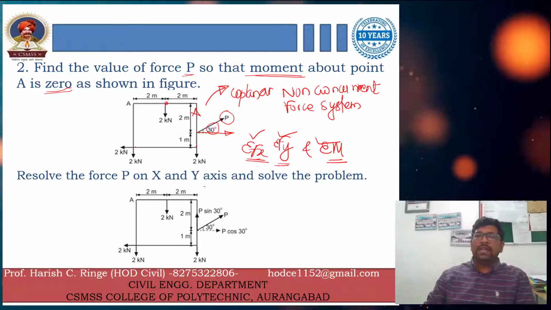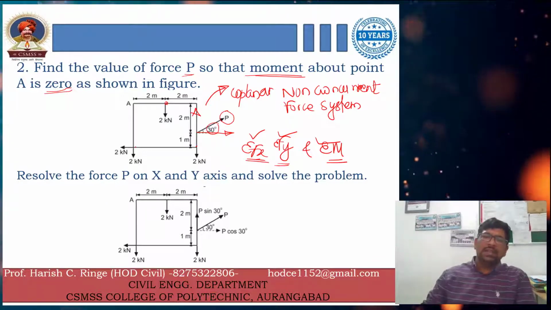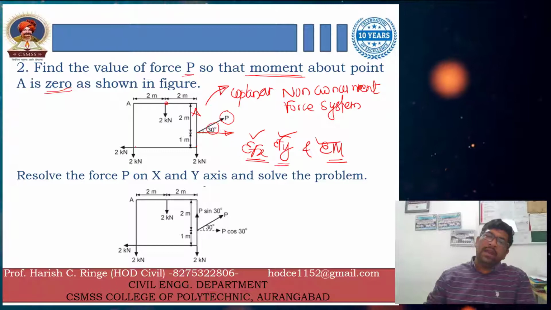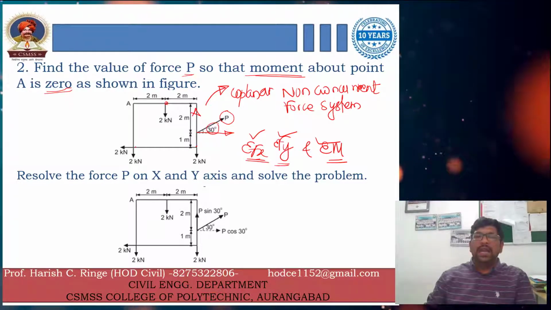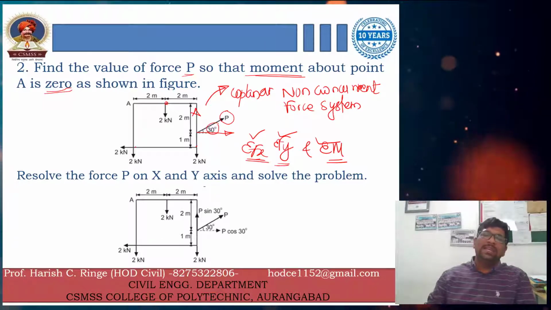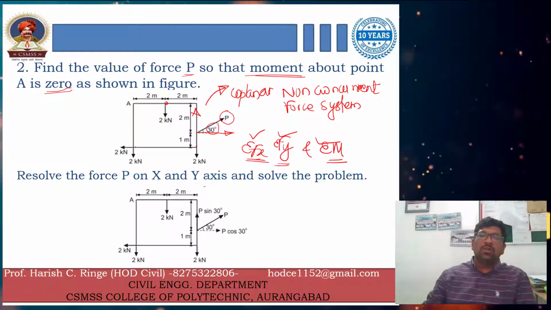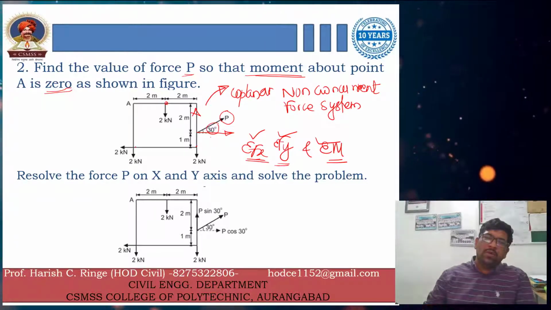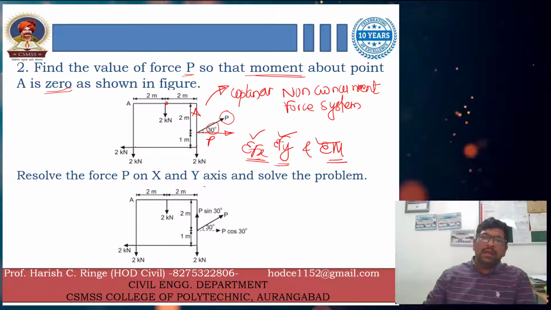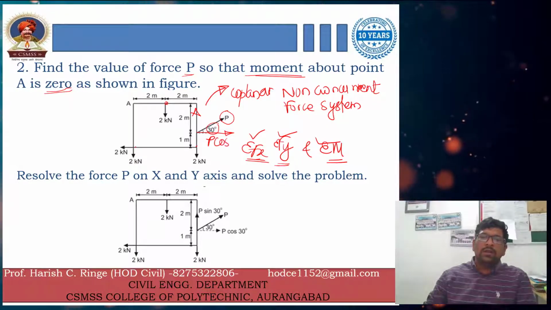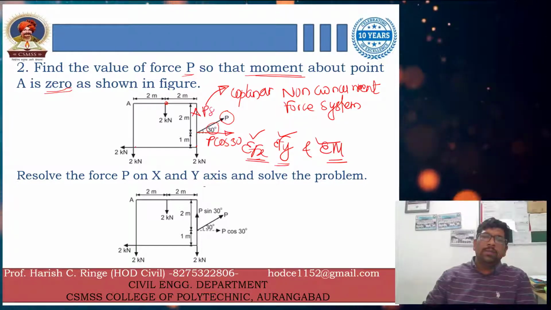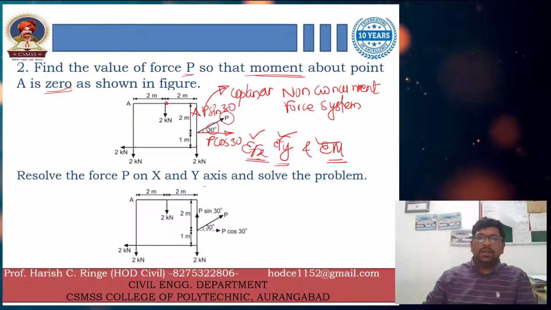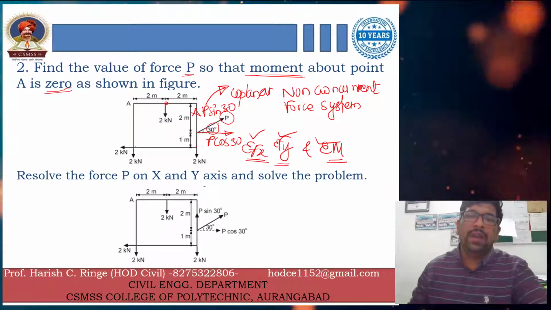So forces in x direction and forces in y direction, and that's why in every problem we have to convert the forces into two different directions, x and y. So obviously, as per the known conditions, it is nothing but P cos 30, and over here it is nothing but P sin 30.